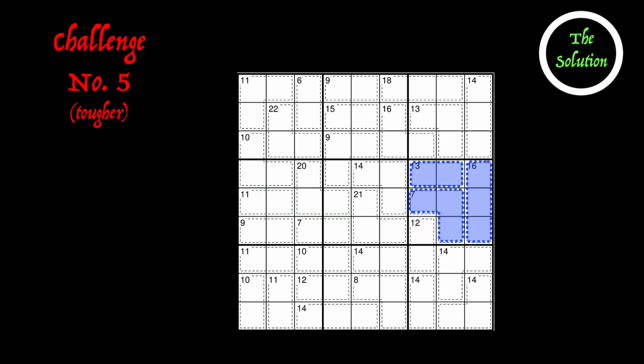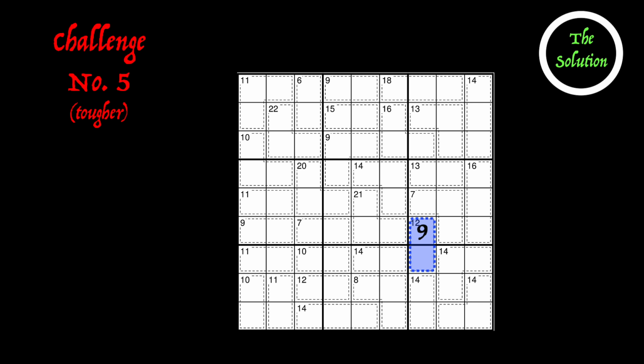And let's look at the totals. There's 13, 16 and 7, that's 36. Well, that's less than the 45 by 9. So a 9 goes in that one cell Innie.